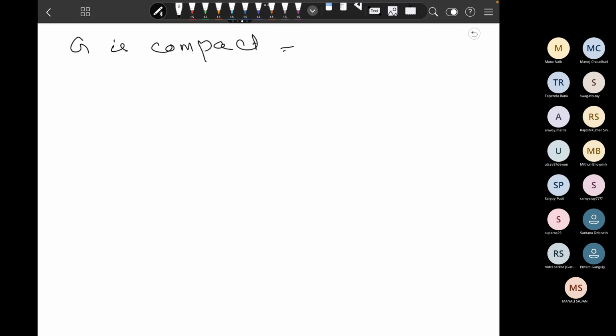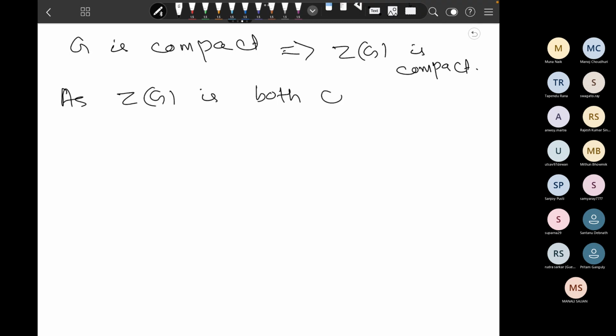This implies ZG is compact. So as ZG is both compact and discrete, therefore ZG is finite.